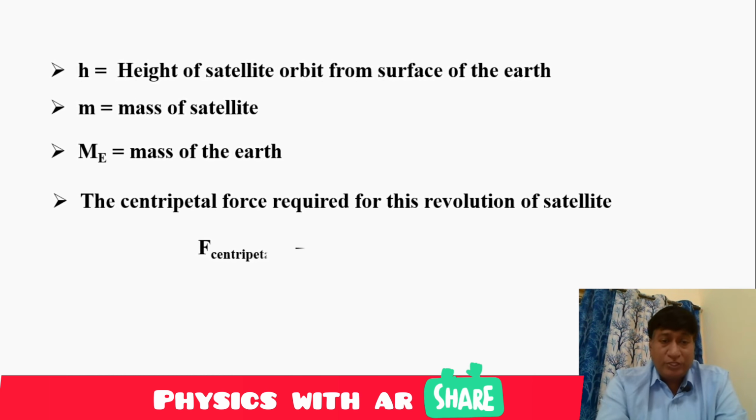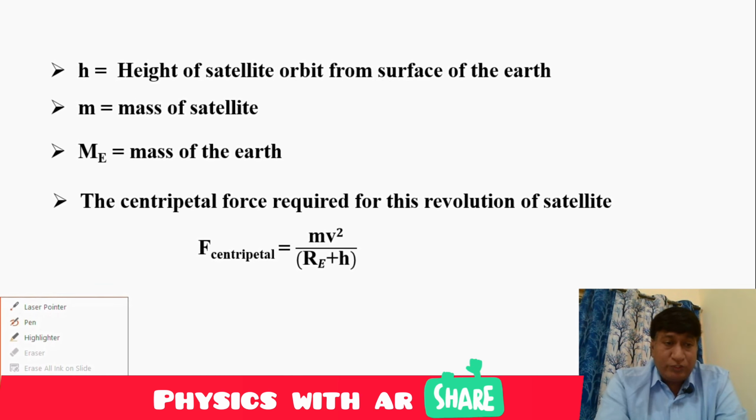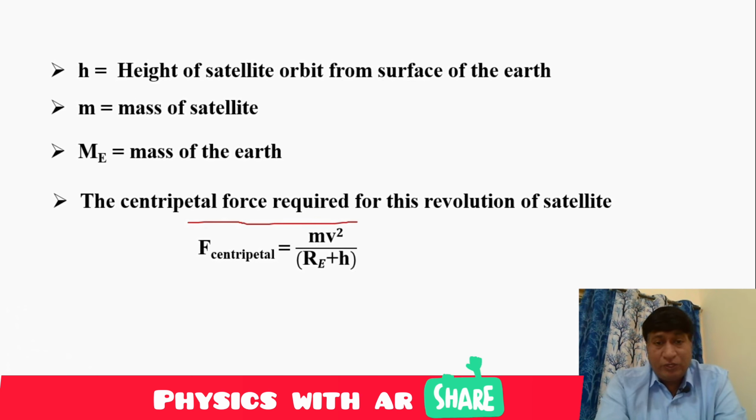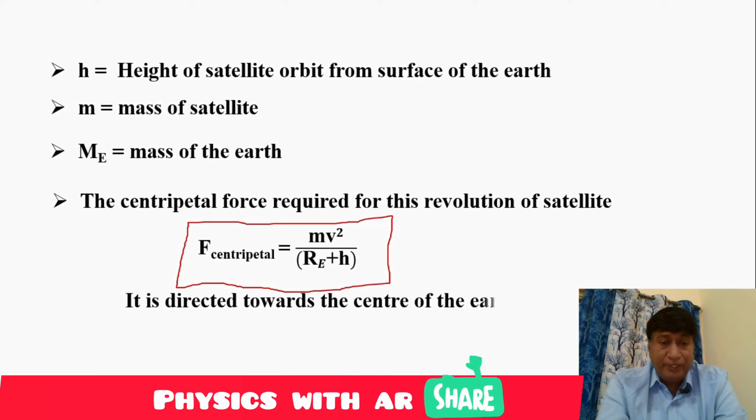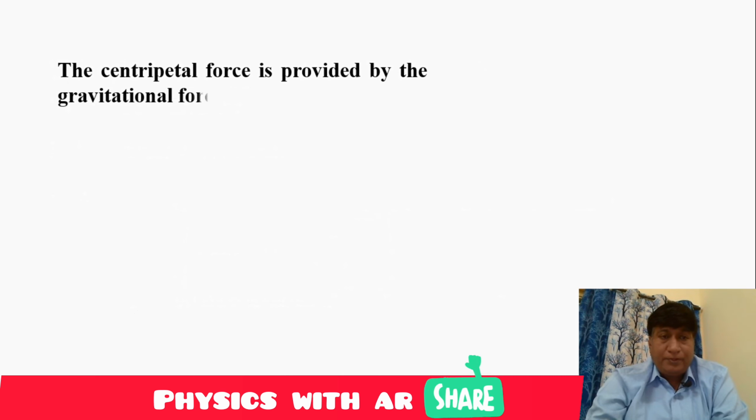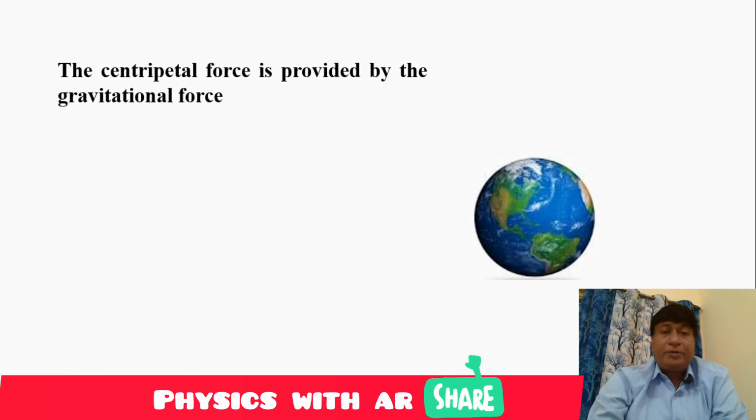That centripetal force, as already proved, is F equals mv square by r, where r is taken as Re plus h. Its direction is towards the center of the Earth. The centripetal force is provided by the gravitational force.